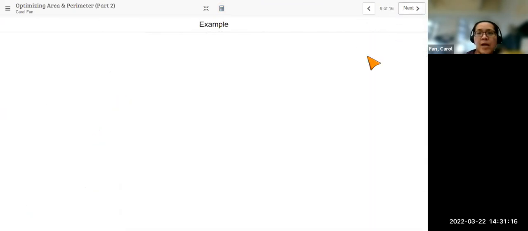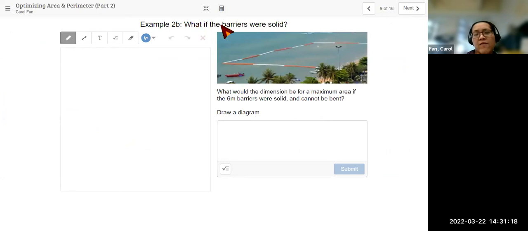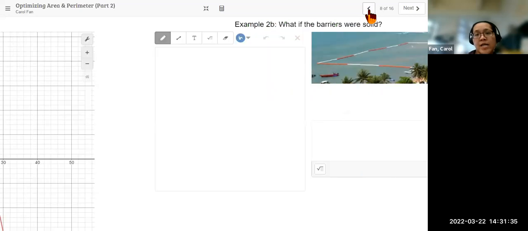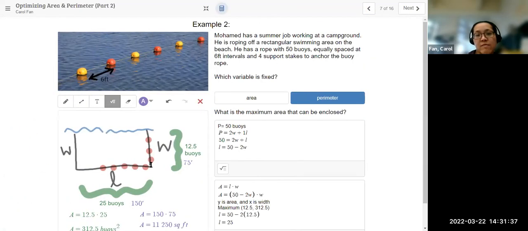Okay, now what if the barriers were solid? So you'll notice here, these aren't flexible because it's not rope. It's like a solid plastic, so we can't fold it anywhere we want, kind of like these ones here. We kind of folded it and we had half.